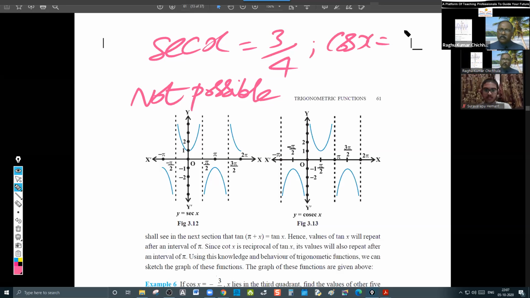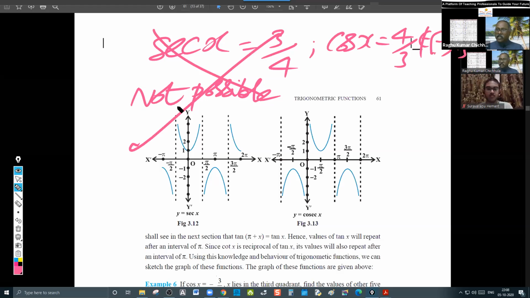How is it possible? It is greater than 1. It does not belong to minus 1 to plus 1, because the range must lie between minus 1 and plus 1. In the objective examinations, you'll be given such questions to confuse you. That is the reason why you must understand the domains and the ranges of the functions.